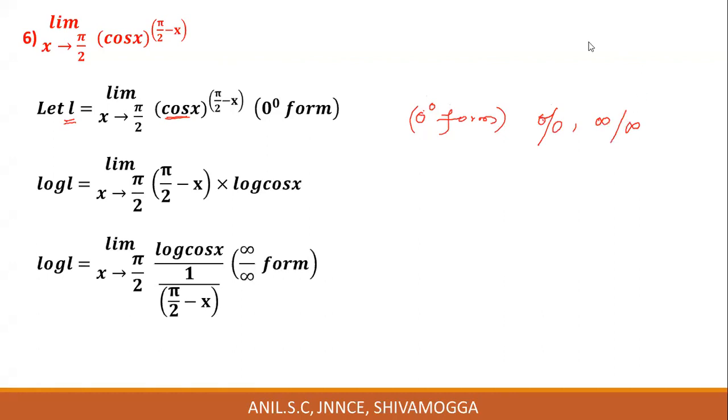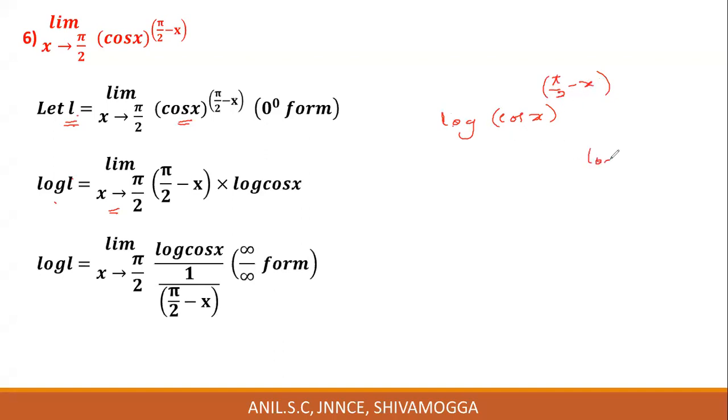Therefore, we have to convert this into either 0 by 0 or infinity by infinity form by taking log on both sides. Log L is equal to limit x tends to pi by 2. If you apply log to the RHS, it takes this form: log of cos x whole power pi by 2 minus x.